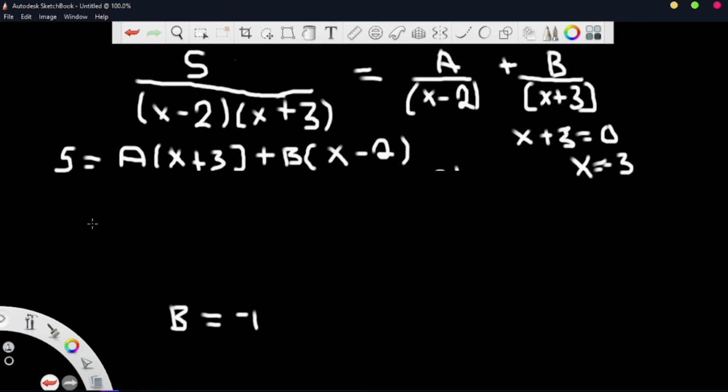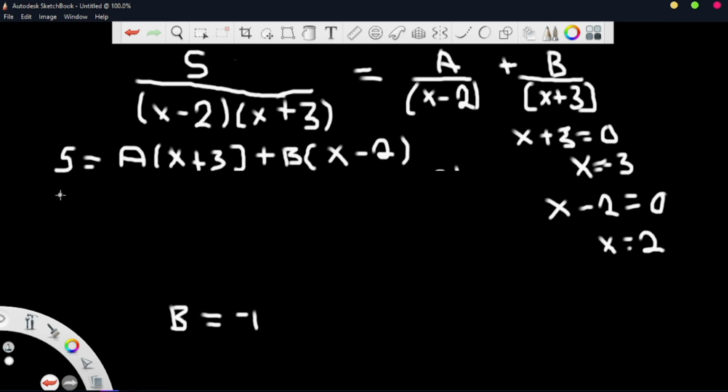Okay, now let me find my value of a. To find my value of a, I'm going to equate x minus 2 to 0. So I'll find my x as 2.